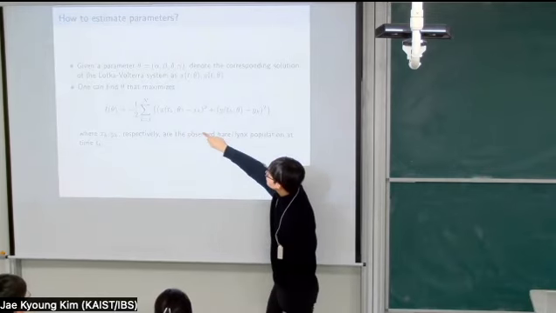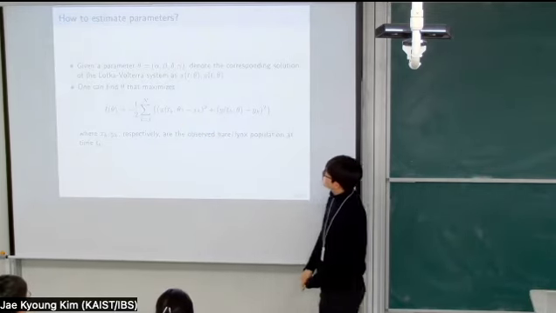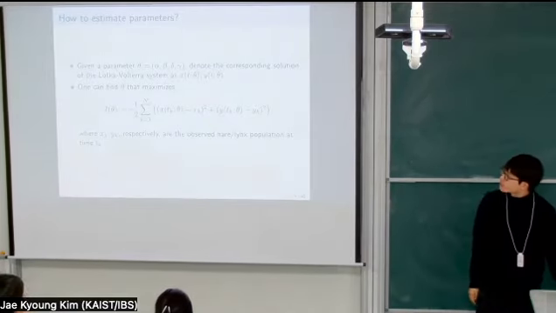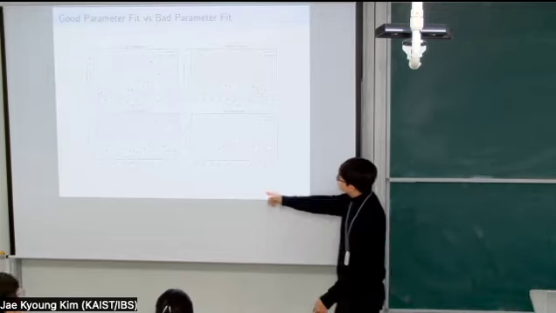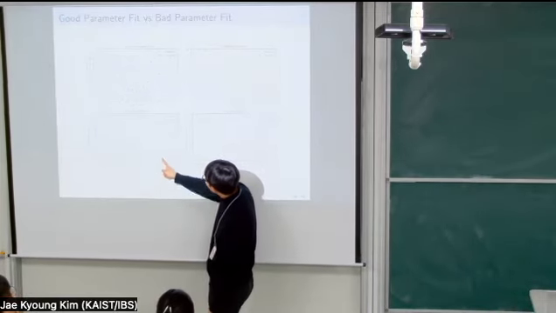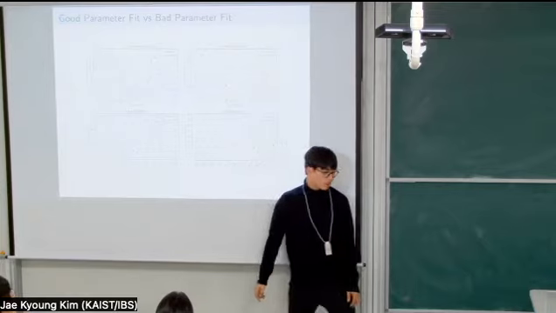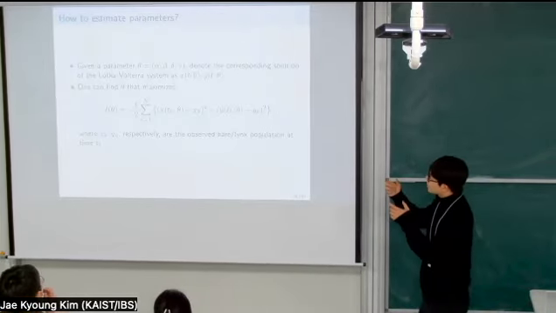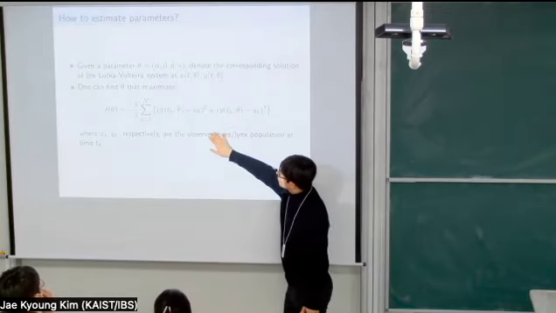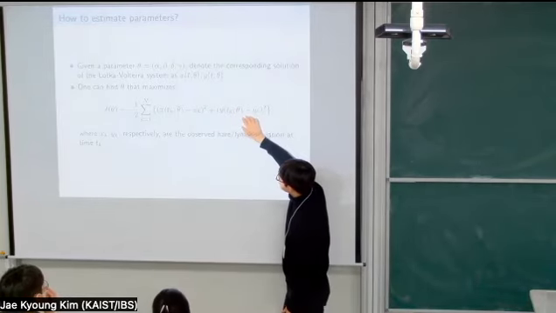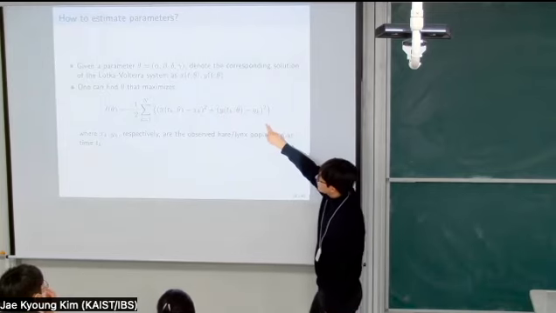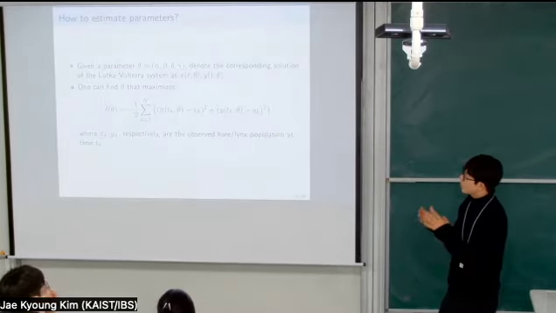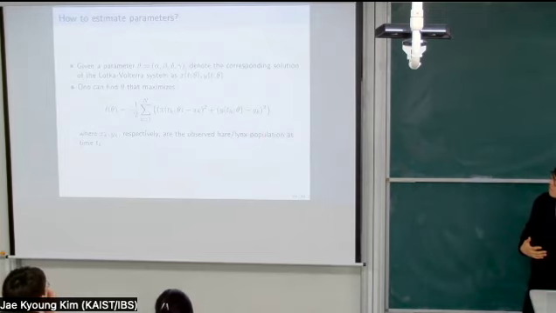You evaluate the solution at the k-th time point and compare it with the data point x_k. x(t_k) is this blue curve at time t_k, and x_k is the blue dotted points. You simply take the difference, square it, and add both for lynx and hare, and you find the parameter configuration that maximizes this negative sum of squares. If you do that, you're going to find the parameters that best match the data.